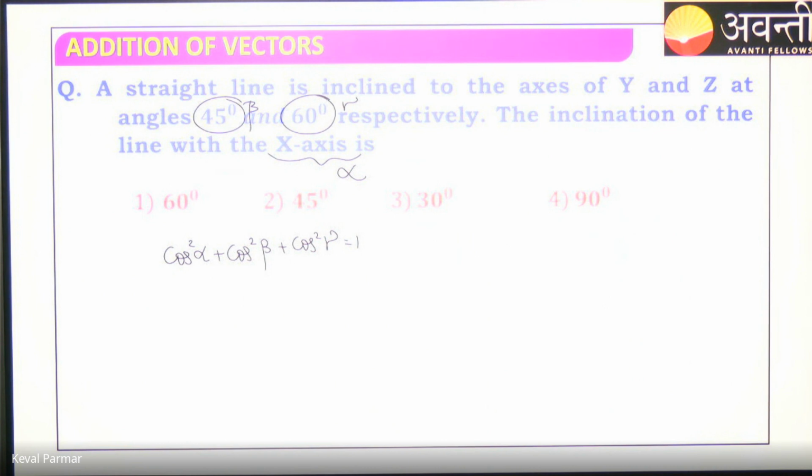If anybody got this, you can write in the chat box or unmute yourself. Nobody got this? Should I solve it now?